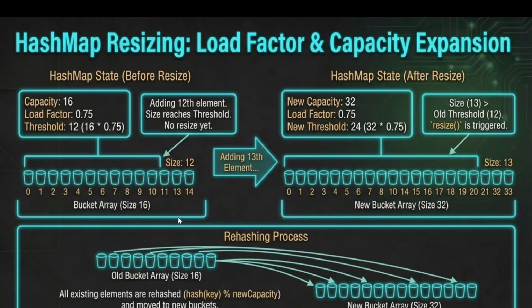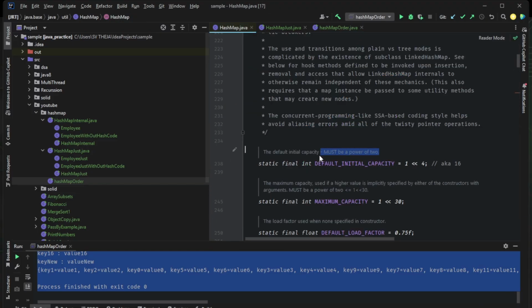Always the value will be 2 power n. As we see in the beginning, the default initial capacity must be a power of 2, and whatever the capacity is, it will also be a power of 2.